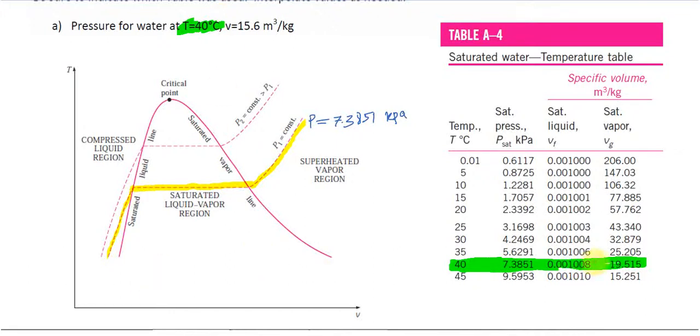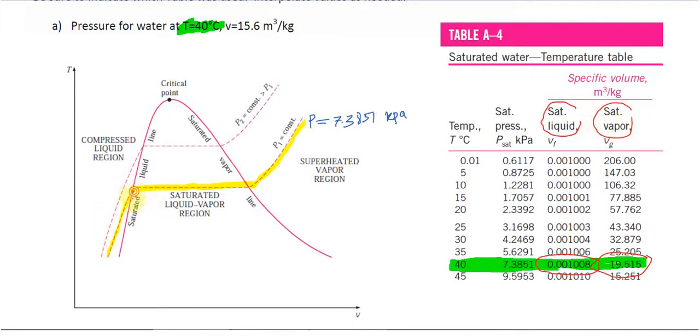So the first number here shows the saturated liquid Vf, specific volume of saturated liquid, and the second number, 19.515, shows the saturated vapor specific volume.